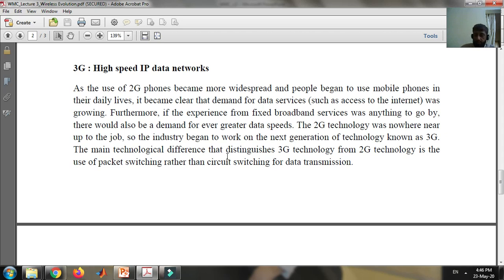So basically there were physical circuits available which provided the switching between terminals, and those switches were used to connect different devices. In 3G, those switching circuits were replaced by packet switching. So packet switching made the data transmission more flexible, and the integration with the internet became much easier as compared to 2G communication.